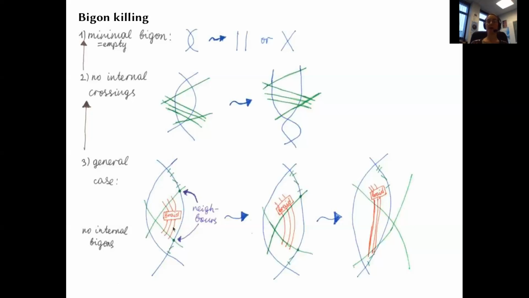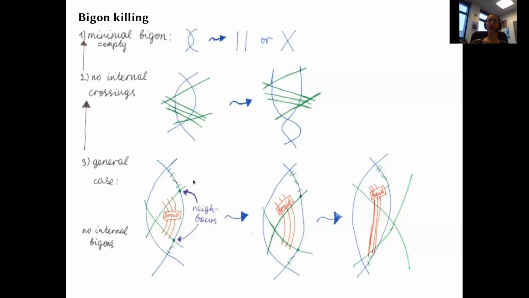Then once again, because you have no internal bigons, a strand can enter this triangle only by one of the green strands, and it can go out only by the other green strand, because we assume that on the right there is nothing, and you cannot cross the same strand twice. It means that you have a picture like this with some braiding, some intersection happening inside.